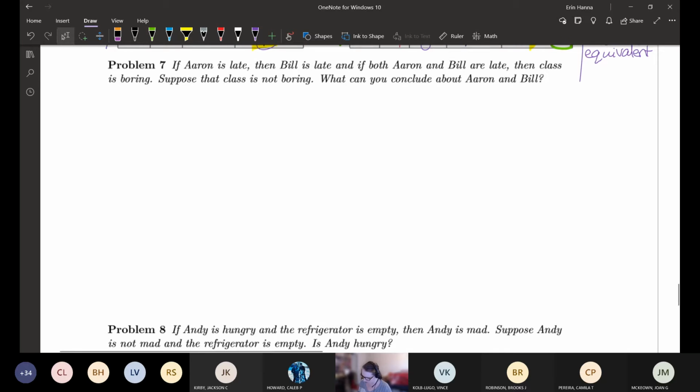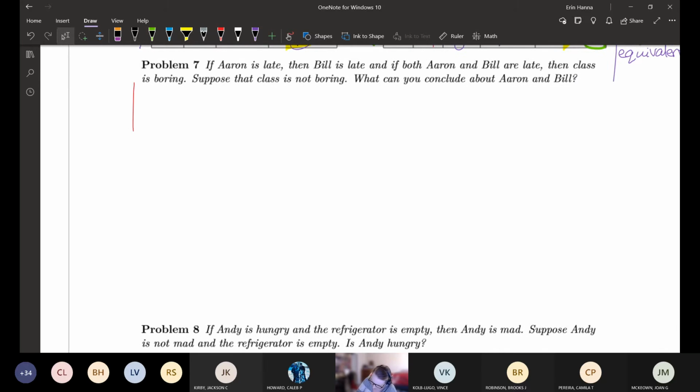I have to make sure I don't run out of space, so let me go all the way over here to define some things. I'm going to use A for Aaron is late. It doesn't matter what letter you use, I just like choosing ones that somewhat reflect the question. I'm going to use B for Bill is late, and C for class is boring.